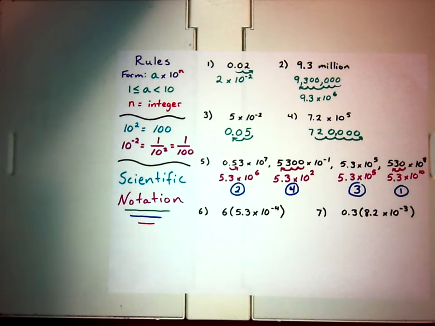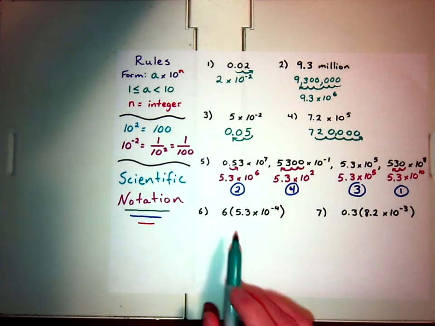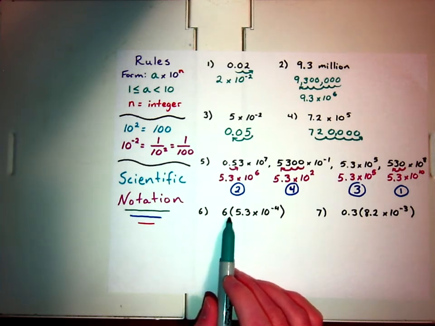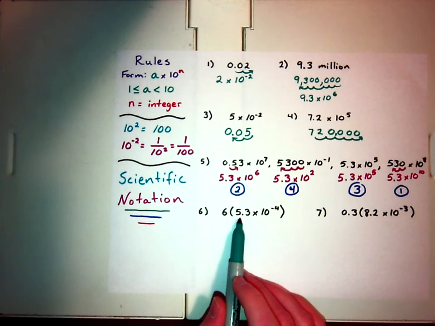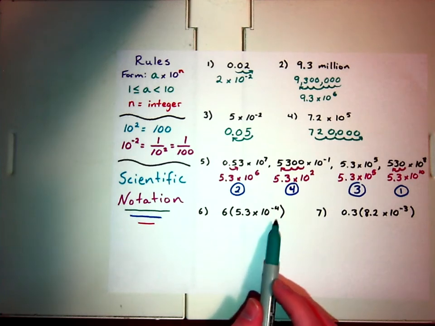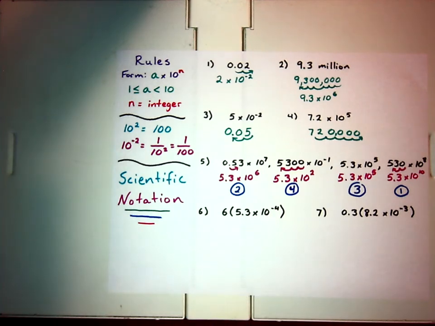The third skill we are going to test is what do we do when we're multiplying with scientific notation. And something that's handy to remember are the commutative and associative properties. What this means is when we're working with multiplication problems, 6 times whatever's in these parentheses, so 5.3 times 10 to the negative 4th, we know with the commutative and associative properties of multiplication that really we can rearrange these things to help us.